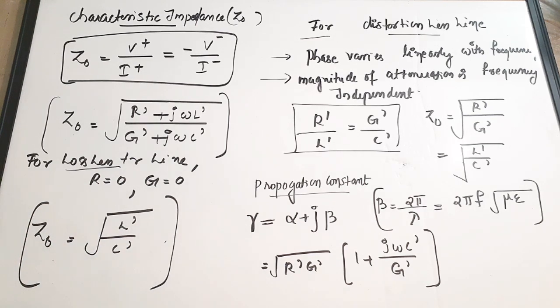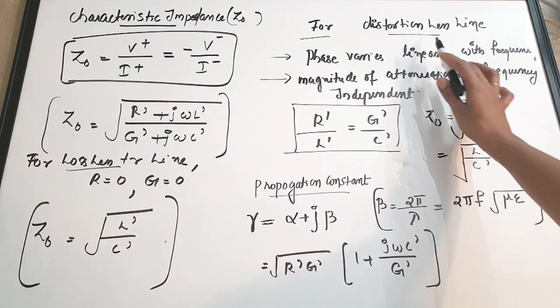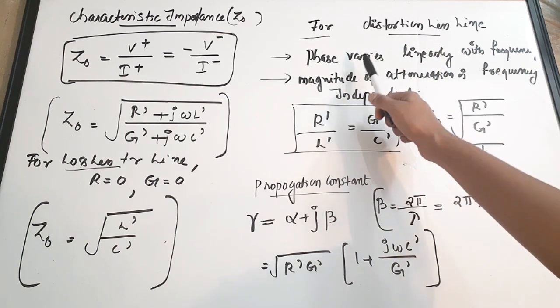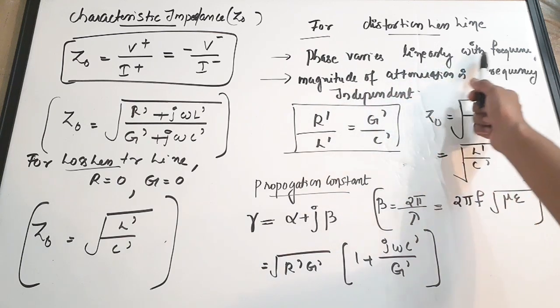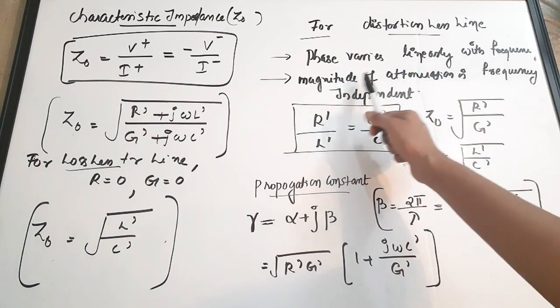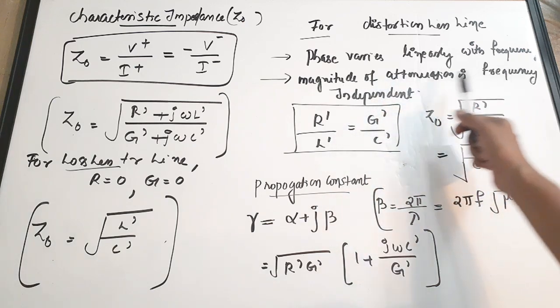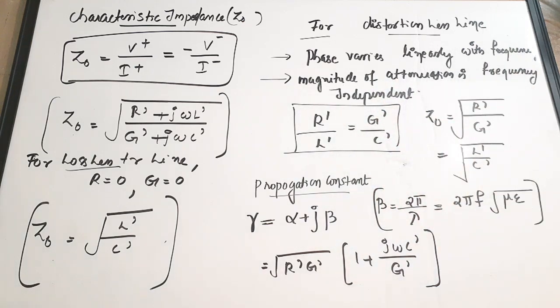Now for the case of a distortionless line, what do you mean by a distortionless line? Here the phase varies linearly with frequency and the magnitude of attenuation is frequency independent. Such a line is called distortionless line.